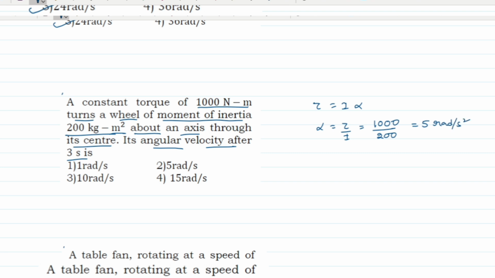So omega final equals omega initial plus alpha into t. Initial angular velocity is 0, plus alpha into time, which is given as 3 seconds. So omega final is the final angular velocity.